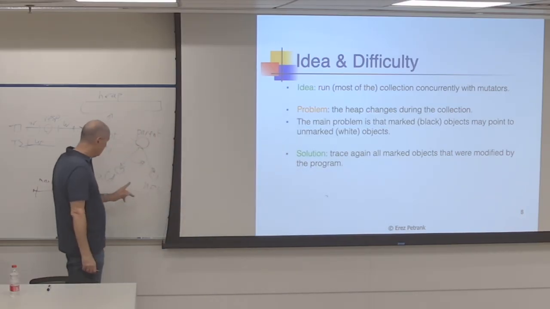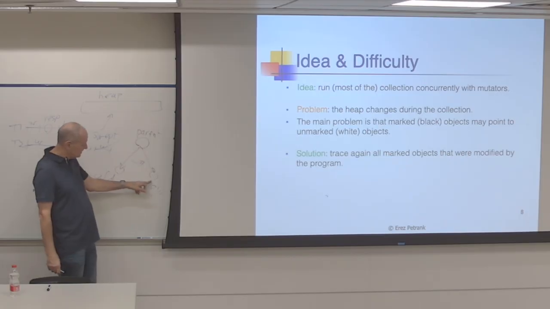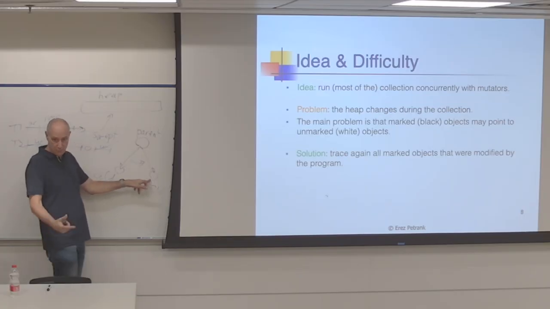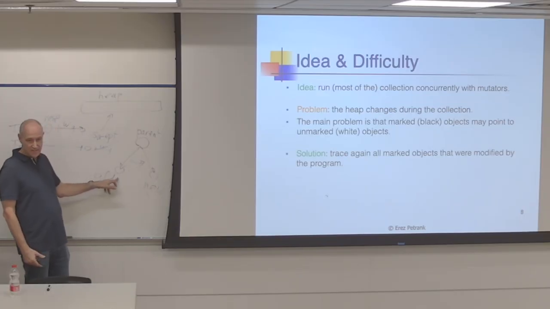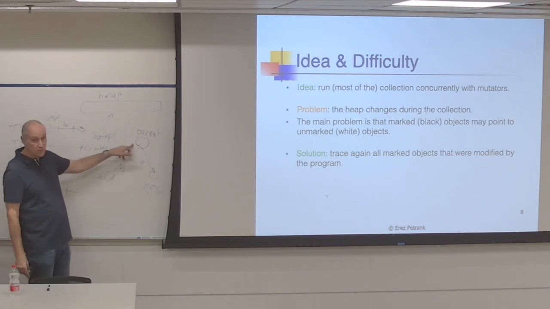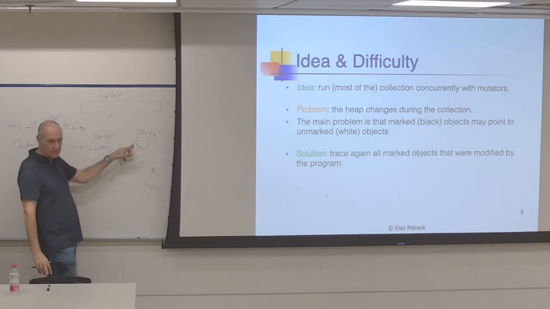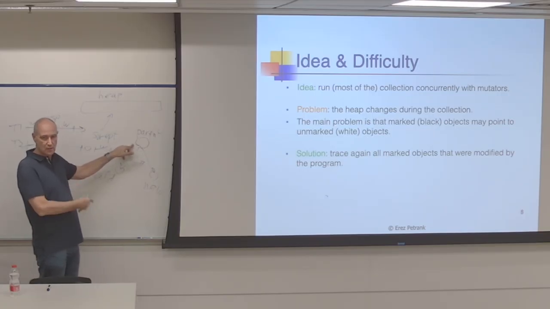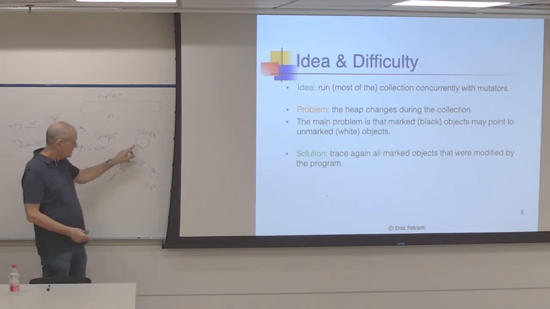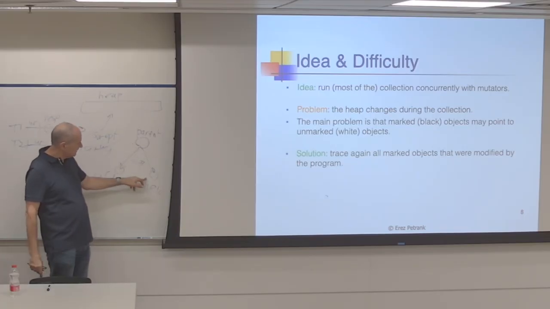Dijkstra said, if we do a pointer change, let's notice the new object. We marked it, we shaded it. DLG said, let's notice the old object. And mostly concurrent says, let's notice the parent. These are the three very famous write barriers.